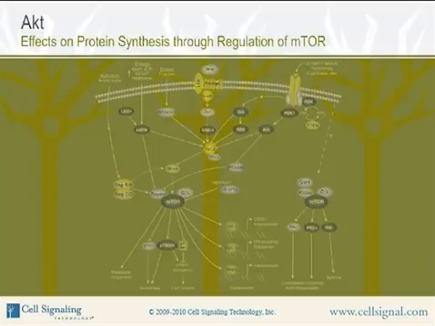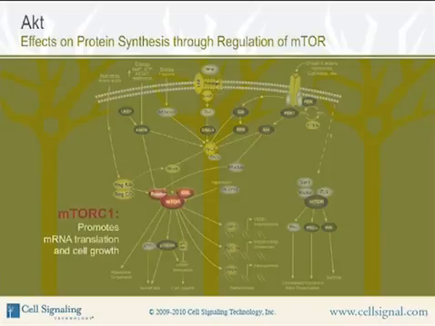Effects on protein synthesis. AKT promotes protein synthesis by acting as a major regulator of mTOR. The mammalian target of rapamycin, mTOR, is a serine threonine protein kinase present in two distinct complexes. mTORC1, which consists of mTOR, raptor, and G-beta-L, also called MLST8, is inhibited by rapamycin and functions to promote mRNA translation, transcription, and cell growth when energy conditions are favorable.